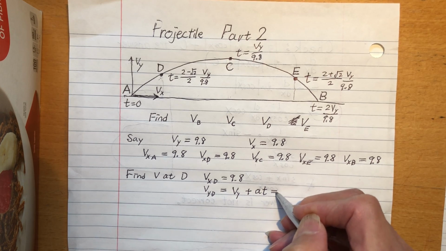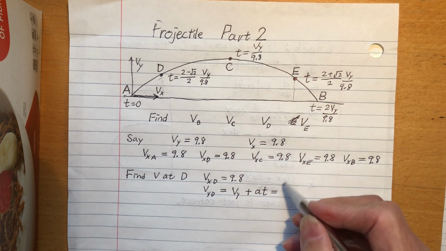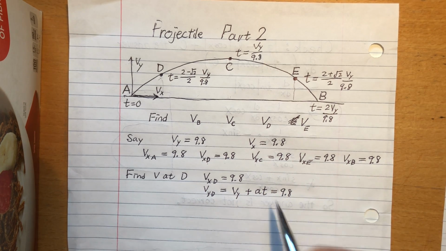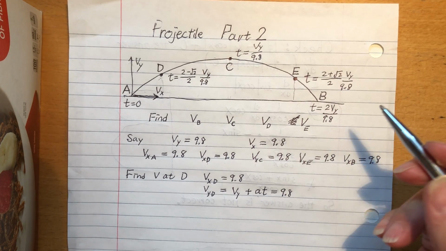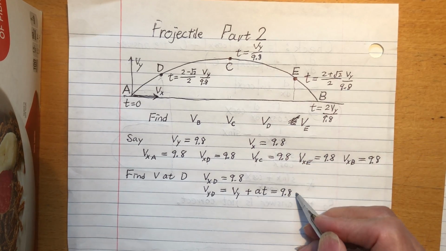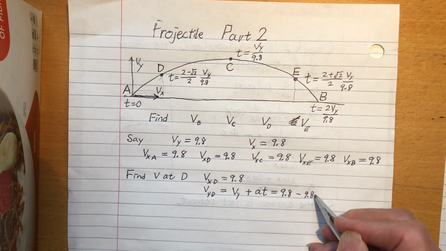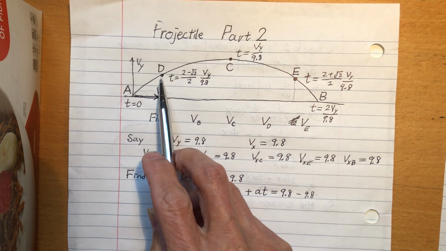So Vy is 9.8. I give it a special value, 9.8. The acceleration for vertical motion is 9.8 downward, so I write minus 9.8 t. The time is the time at point D. What is the time at point D?